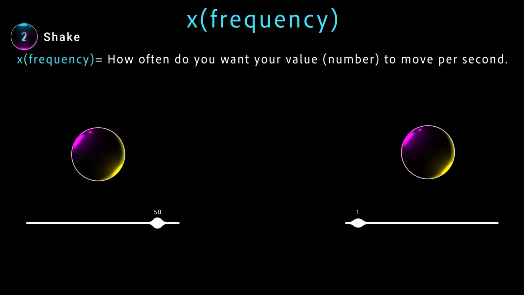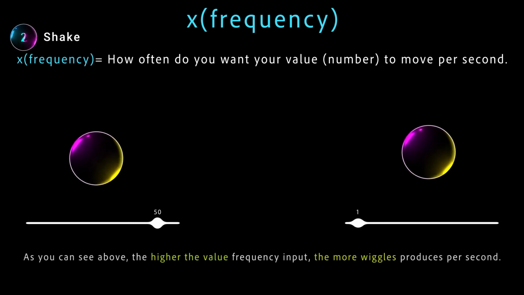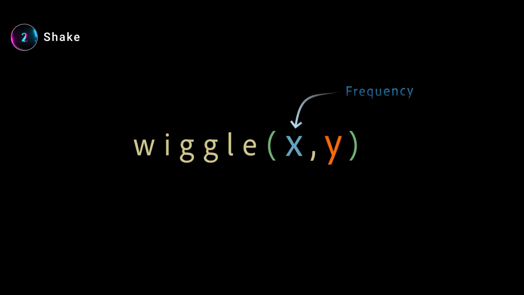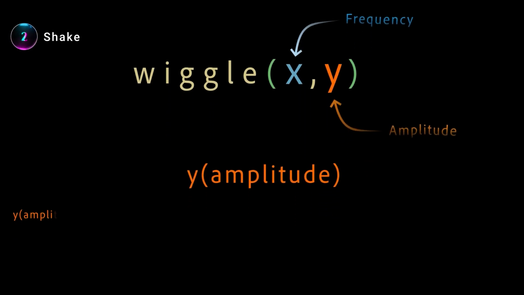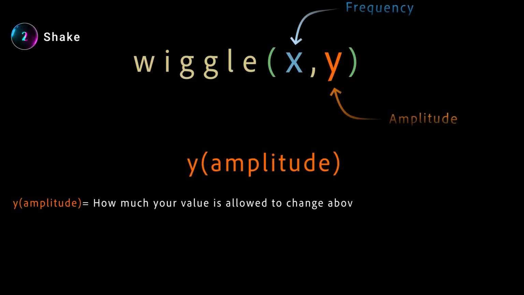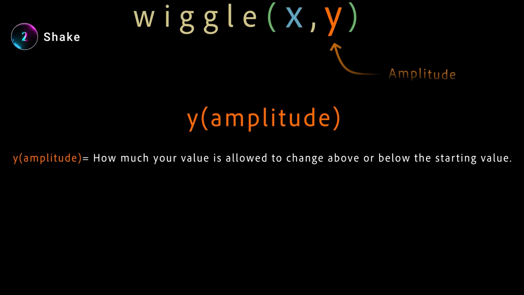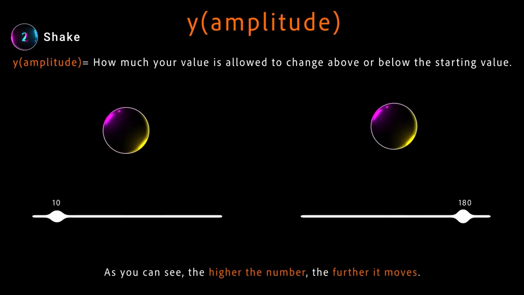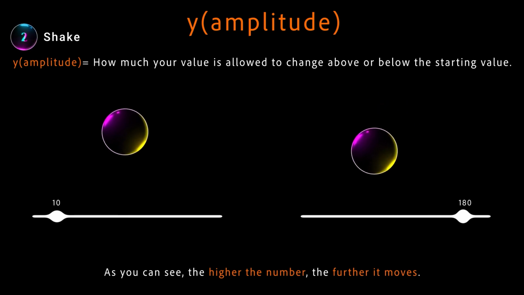See the difference. The second number represents the amplitude. How much your value is allowed to change above or below the starting value. As you can see, the higher the number, the further it moves. I hope you get the idea.